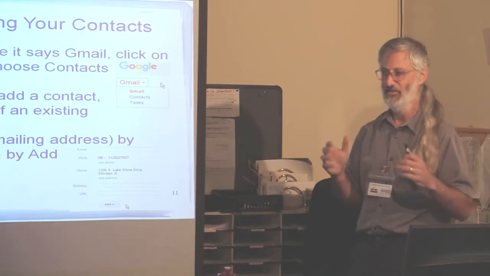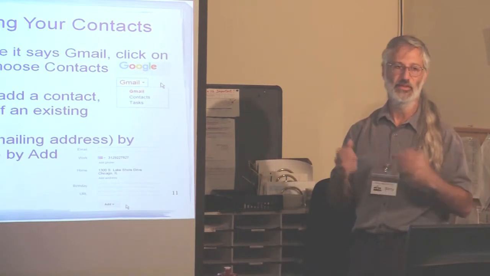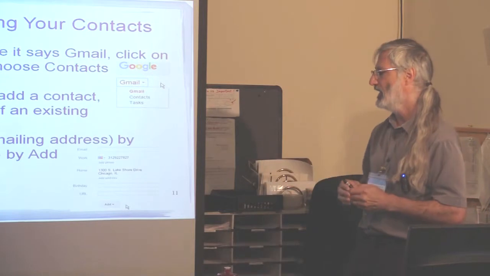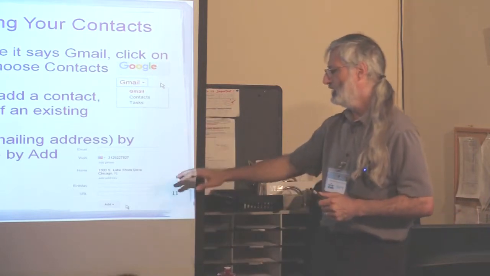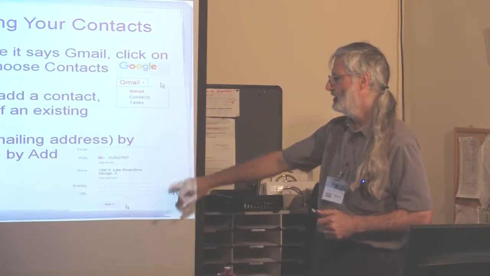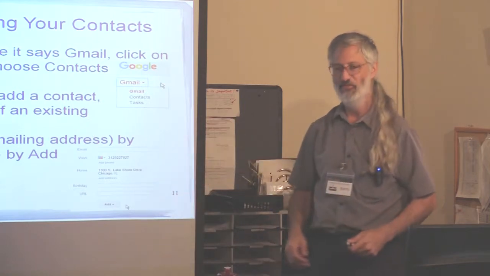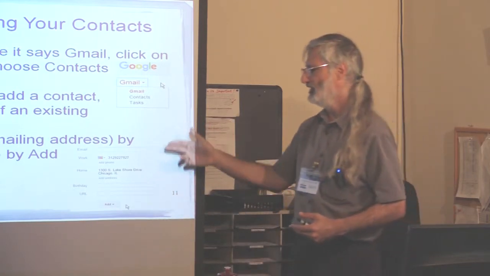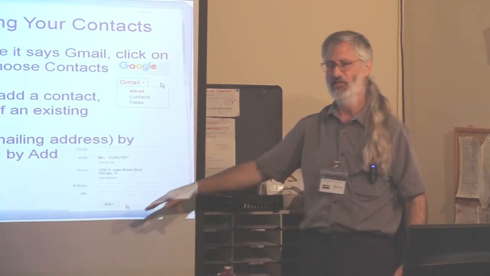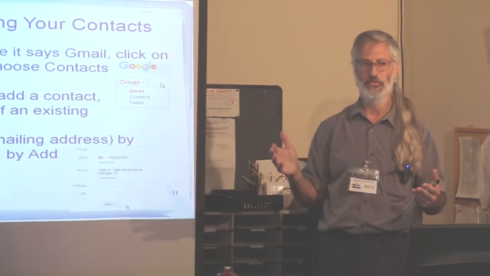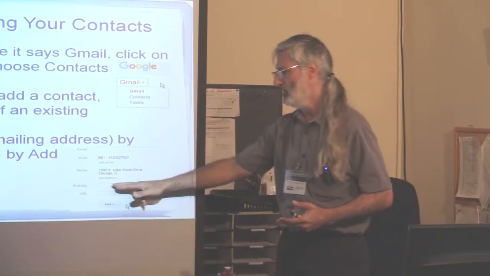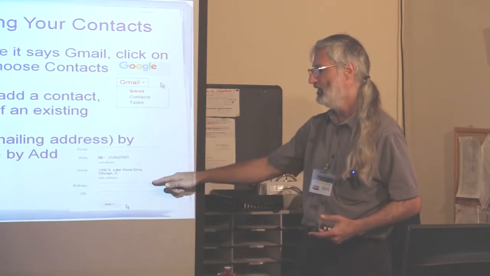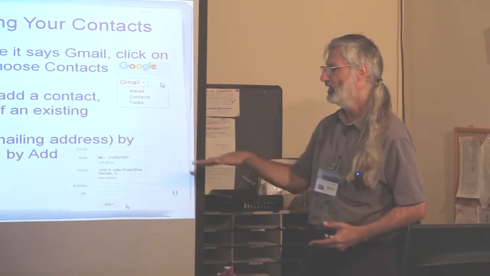So if they are part of a company that you deal with, you might want to do that. There are other fields that you can add, and if you just have all the information in front of you, you'll be able to tell what fields are there. There's something at the bottom now that says show all fields, and then each field would be blank, and if you wanted to add information about them, there's a line for each one.